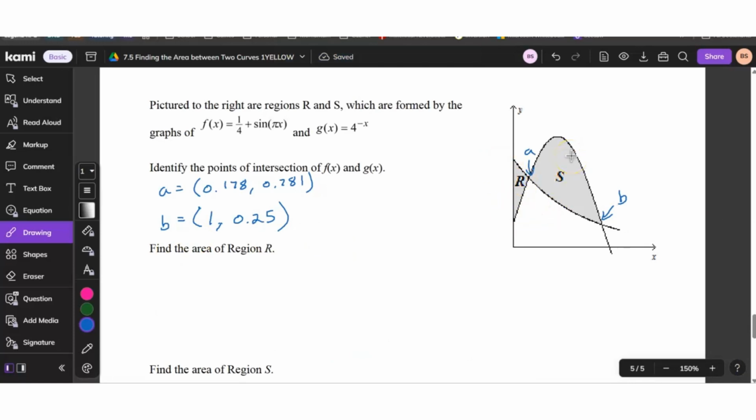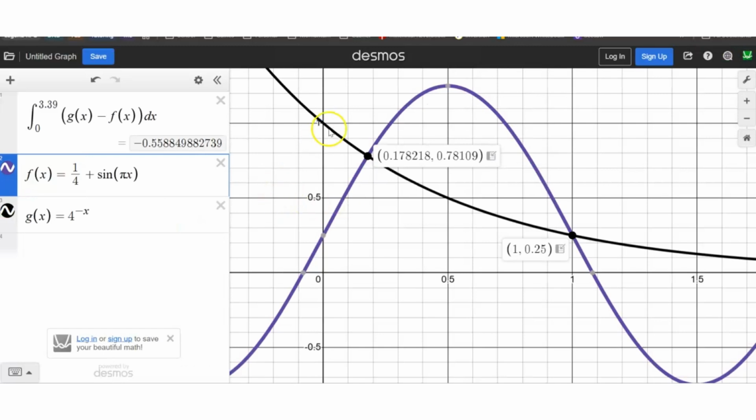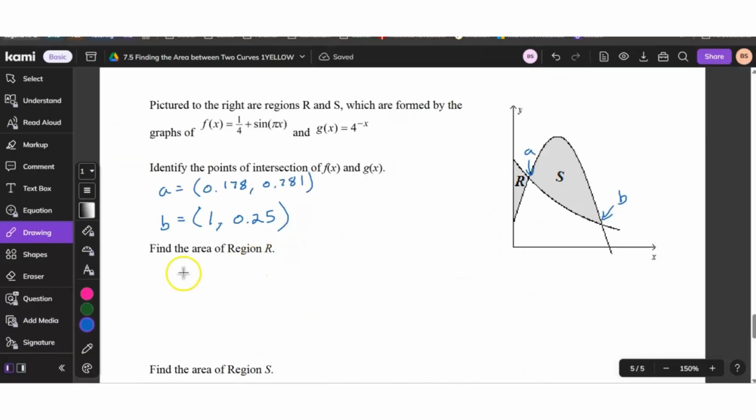Now here's what you got to be careful of. Look at this. Which function is on top here? It's the black one, which is 4 to the negative x, and then the bottom one is the sine one. So for R, we're going to integrate from 0 to 0.178 of the top function, 4 to the negative x, minus the bottom function, which is f of x, 1/4 plus sine of pi x, dx.